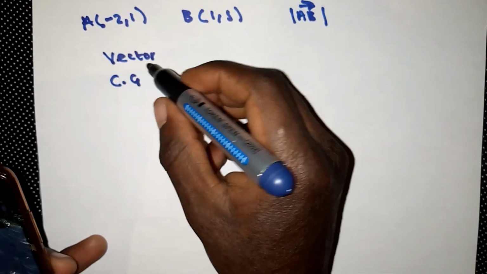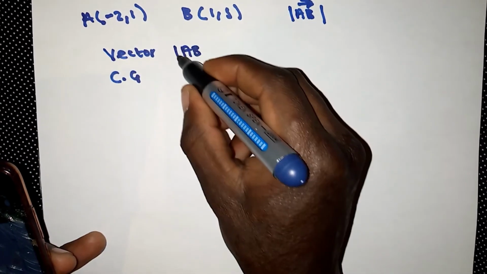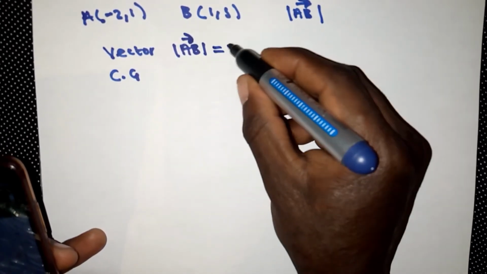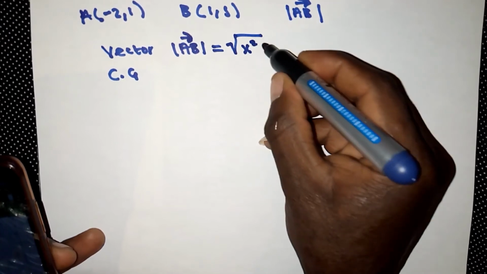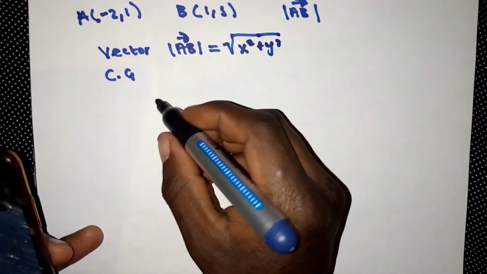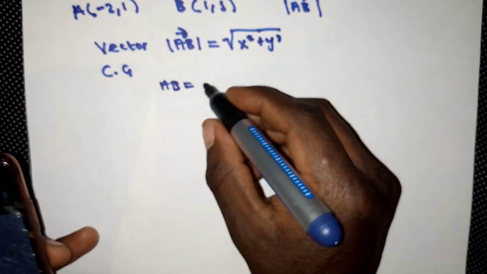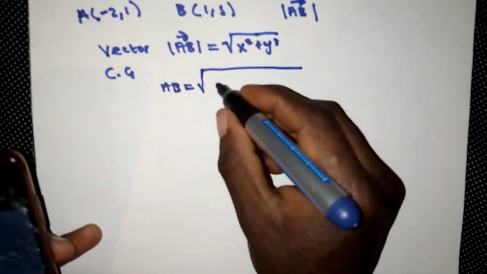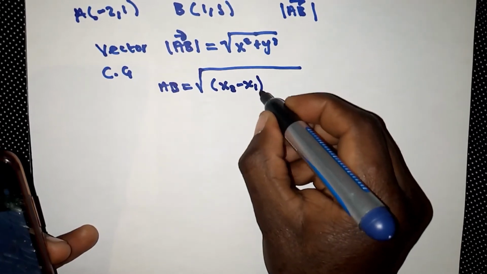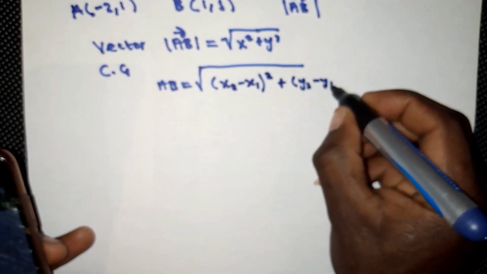So the vector way is saying we use this formula, which is the magnitude of vector AB is equal to the square root of x squared plus y squared. But the coordinate geometry way is saying we just find the distance, and distance is found by the square root of (x2 - x1) squared plus (y2 - y1) squared.